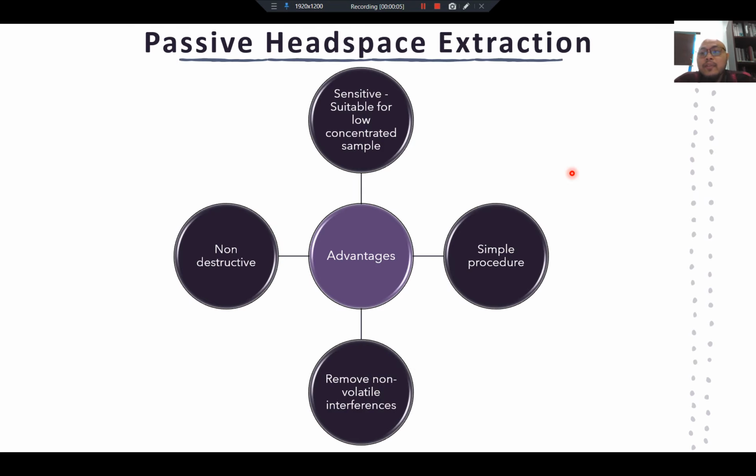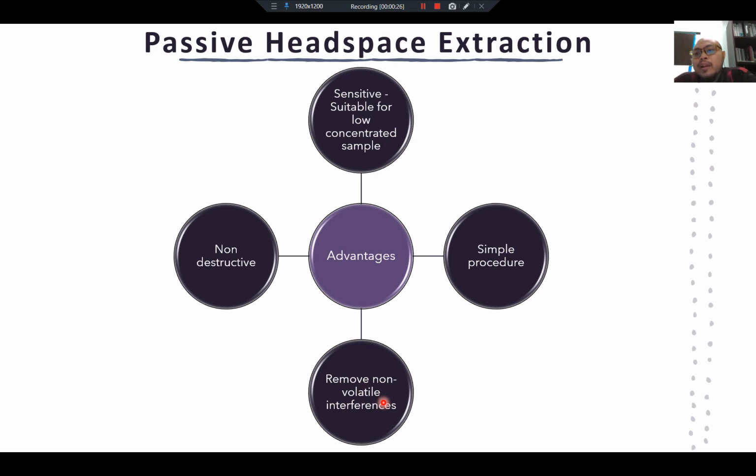Now let's go to the advantages and disadvantages. For the advantages, it is suitable for low concentration samples, because the analyte gets concentrated in the charcoal strip. The procedure is simple, not a lot of work, but of course it will take a lot of time. It will also remove non-volatile interference, so we collect only volatile analytes.